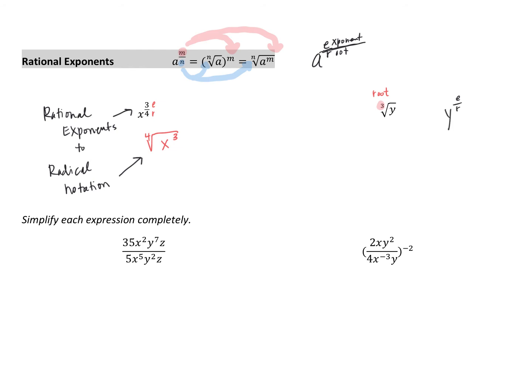But remember, if there's not an exponent written, it's understood to be a 1. As a reminder, if you have a radical and there's no number written there for the index or the root, it's understood to be a 2. So if there's nothing written there, it's understood to be a 2. If there's no exponent written, it's understood to be a 1. So if I'm going to write it in the form y goes to the ER, I'm going to have y to the 1 over 3. So y to the 1/3 power.